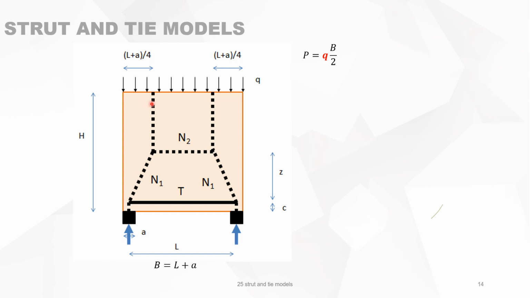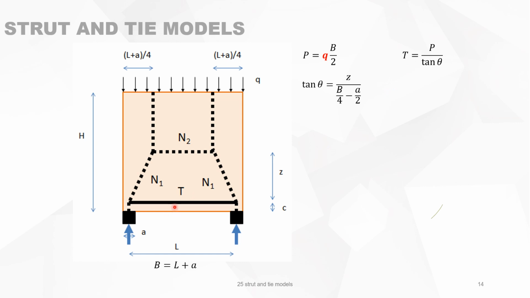Now the total load P is equal to Q, which is the load, times the width of the wall divided by 2, because we look at the load coming into this compression strut. This is the angle theta that the strut is making with the tie, and then you can easily see that the tangent of this angle is Z divided by B over 4 minus A over 2.